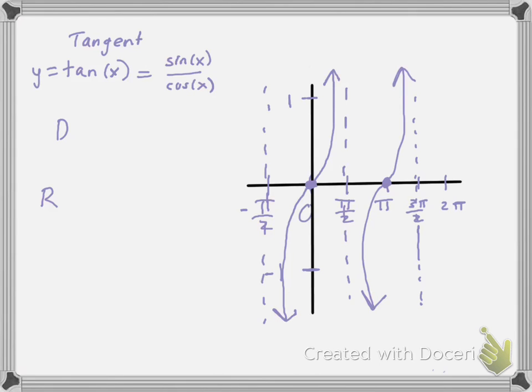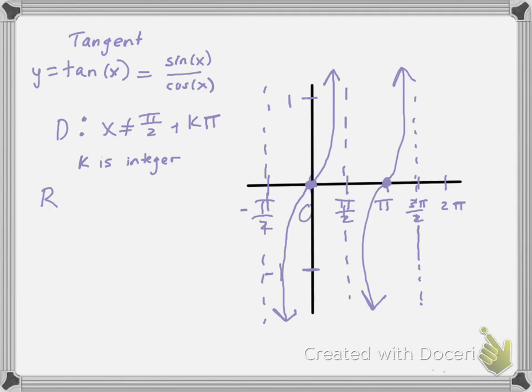So there you go. The domain of this, we know, is all reals except for these asymptotes that we have. We're going to write that as x cannot be equal to pi over 2 plus k pi, which means any integer value for k, so k is an integer.